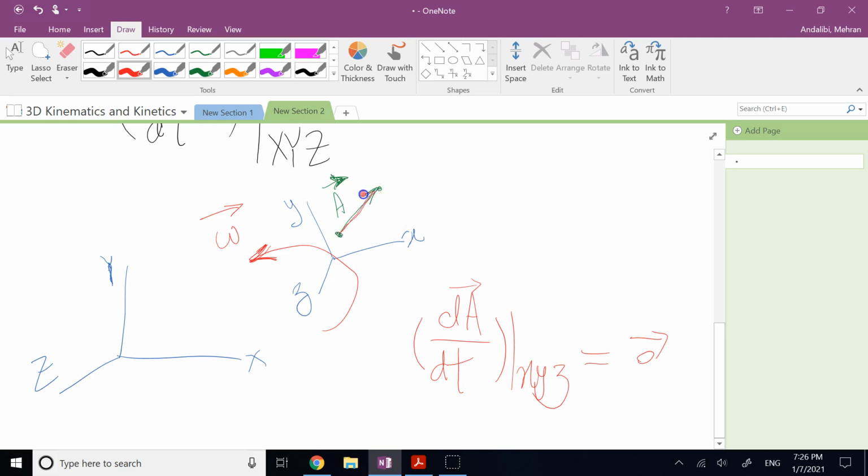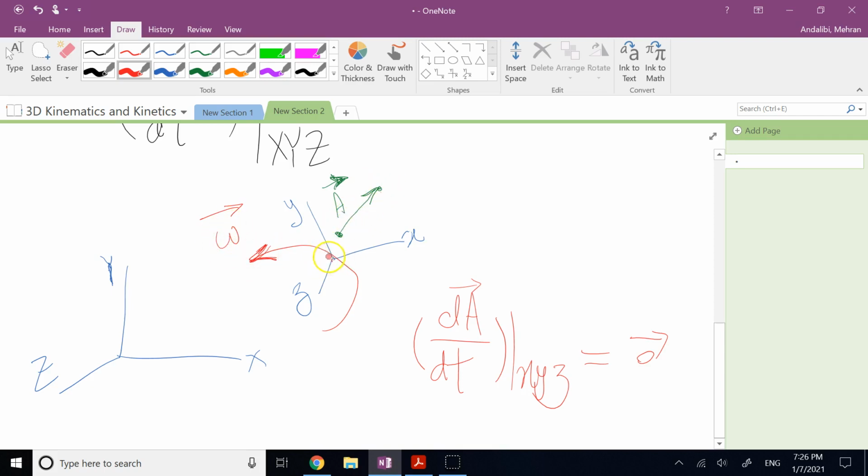If I put a sensor here to look at the variation of this vector A, it cannot sense anything, because that sensor also rotates with this vector A, with omega.